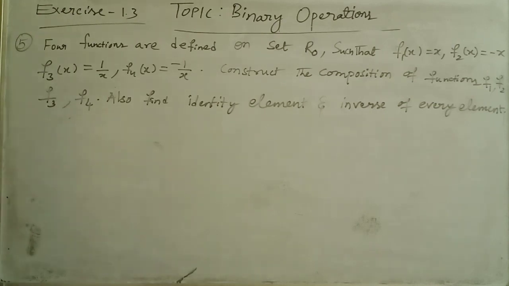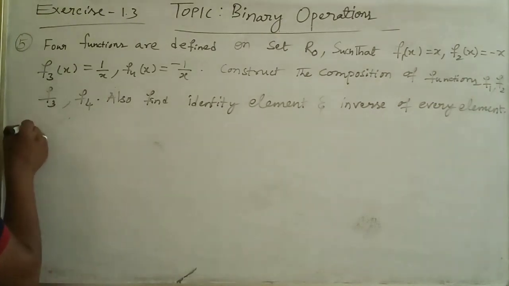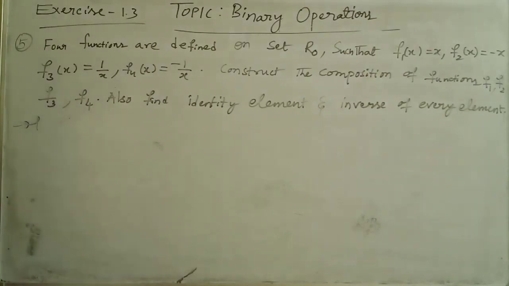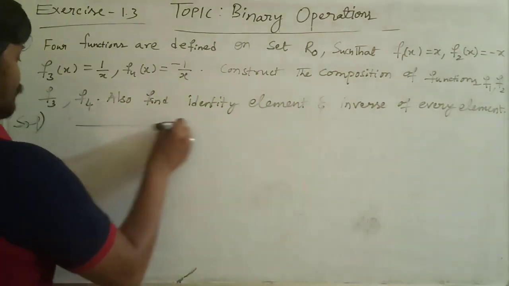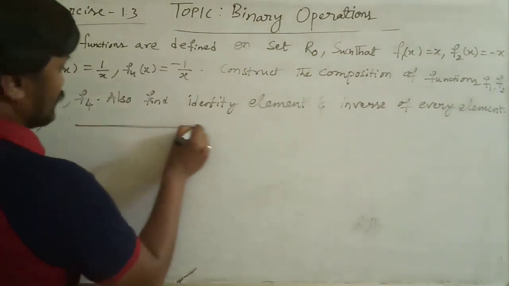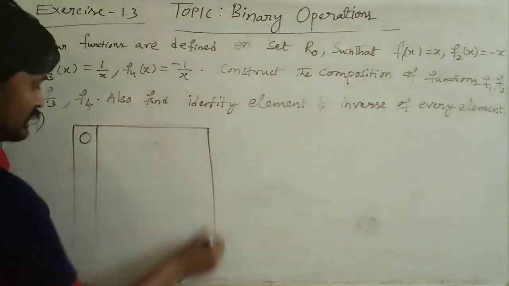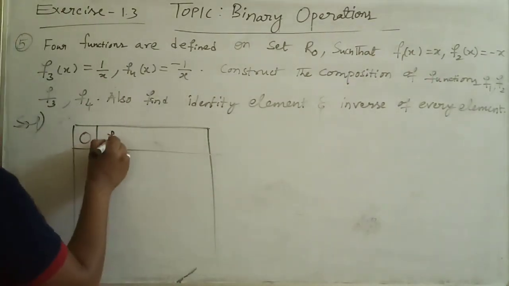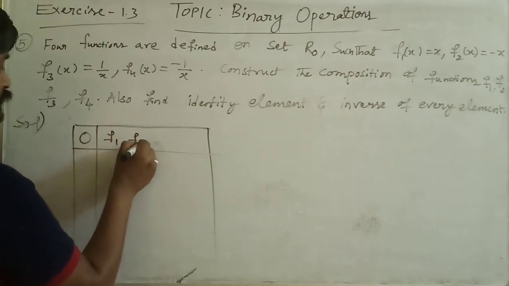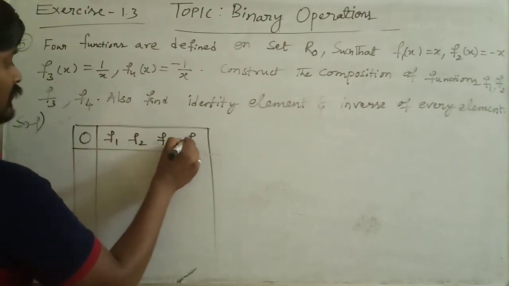So for that, how are we going to prepare the composition table? We already learned this previously. All the functions which are given, for that set, are f1, f2, f3, f4.